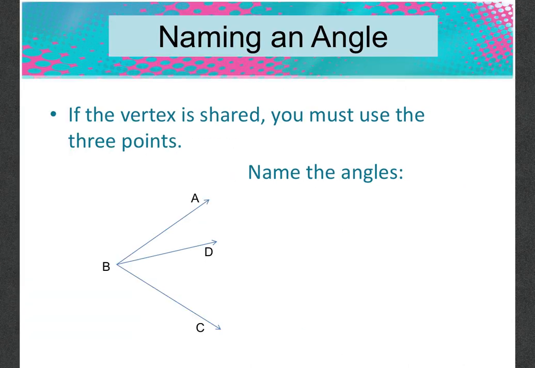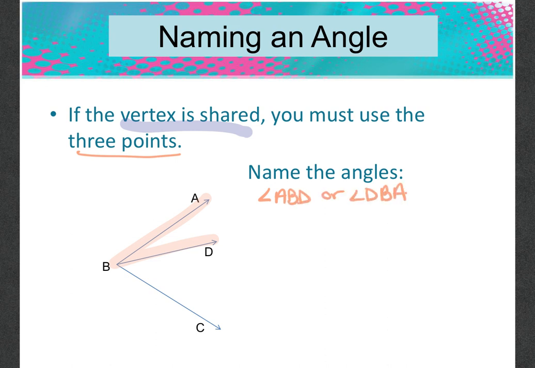When you name an angle with a shared vertex, you cannot use just one letter. If I called this angle B, you would not know if I was talking about the top angle or the bottom angle or the big angle even. So when you name an angle that has a shared vertex, you have to use the 3 points. So this top angle would be called angle ABD or angle DBA.